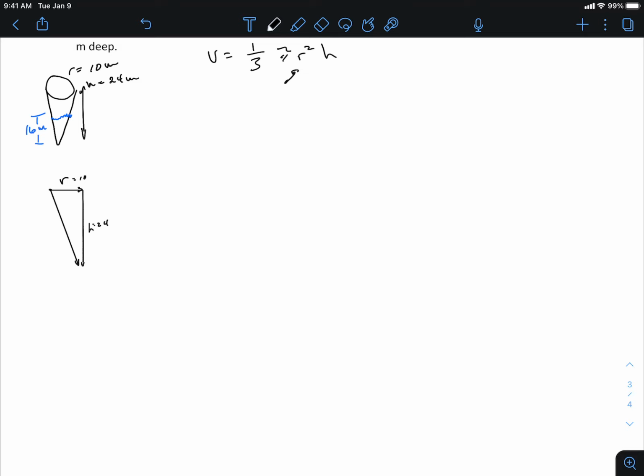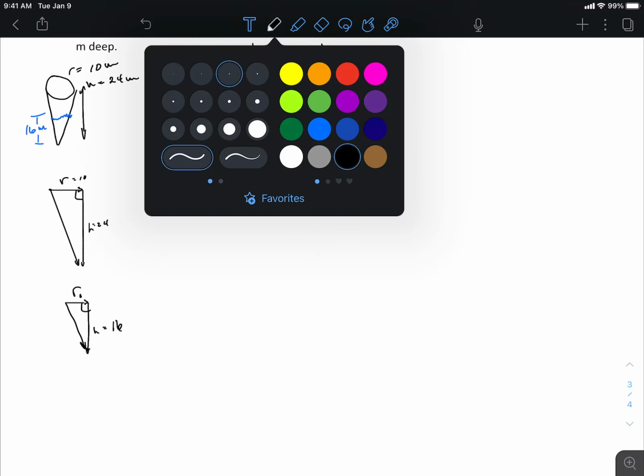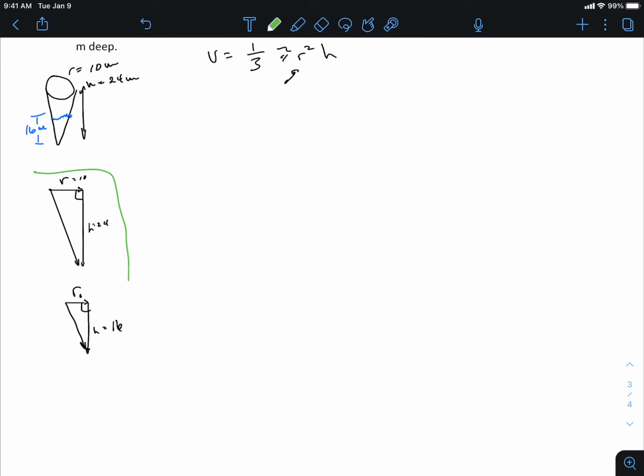Then we can ask, what's the radius when H is equal to 16? We'll call this R naught. Hopefully this looks familiar. You can treat this like a similar triangles question, so you set up a little ratio.